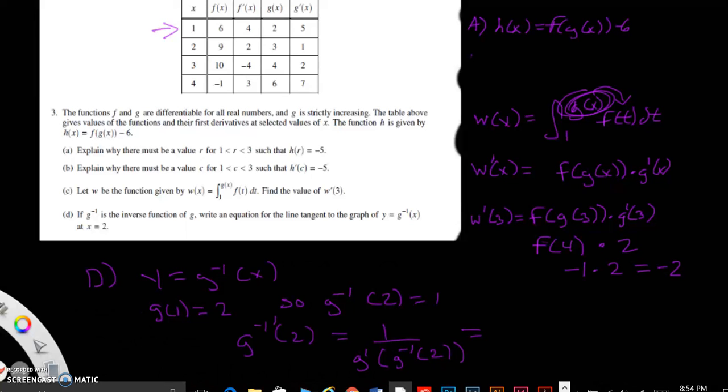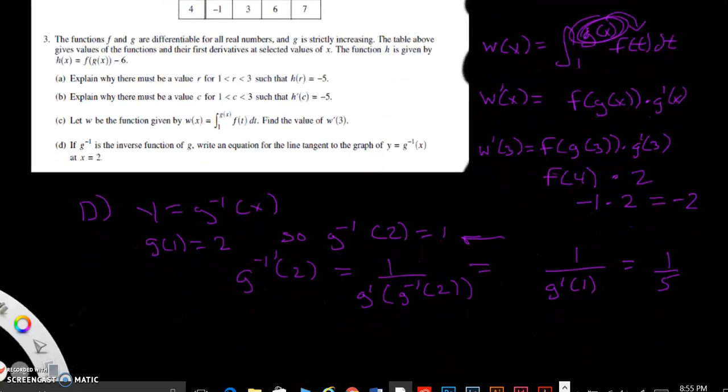We already said g inverse of 2 is 1, so we have 1 over g prime of 1. Well, that's 5, so it's 1 over 5. So now we have the point, we have the slope. So now we can say y minus 1 equals 1/5 times x minus 2. And I hope this video helped. Until next time.